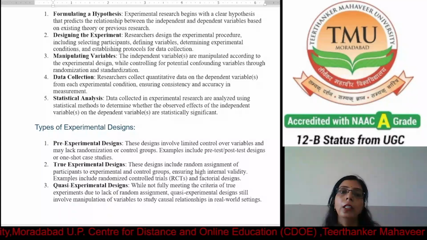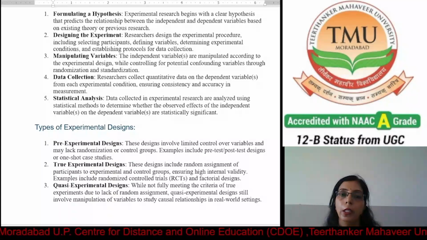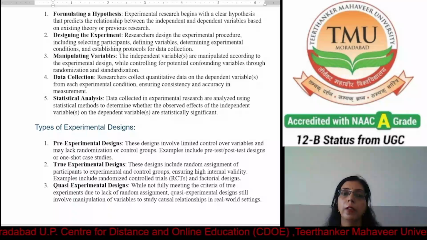In my next session, we will focus on steps in experimental research.